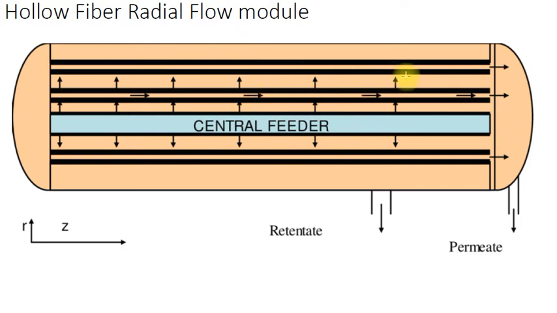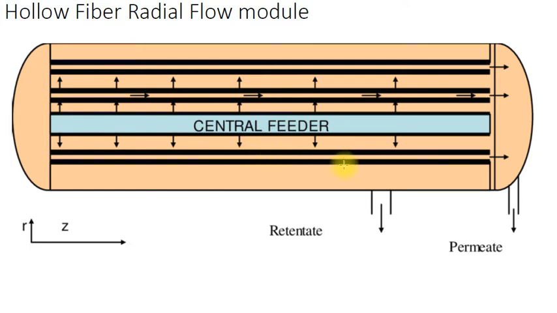There are fibers in this direction. These fibers have a very thin diameter, in the micrometer range, and the feed flows in the radial direction from here to here. Due to the higher pressure, the water molecules permeate through the membrane and are collected inside the tubes.